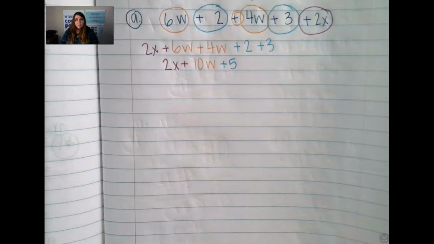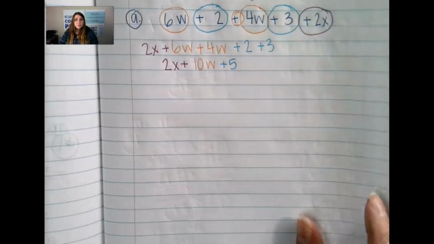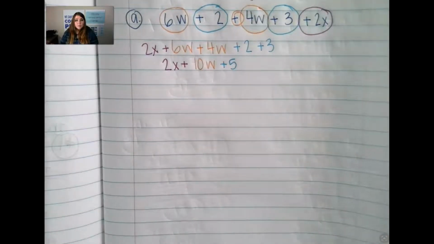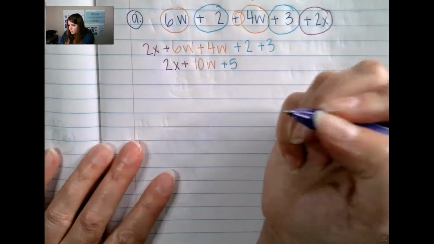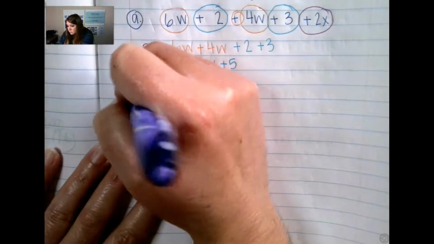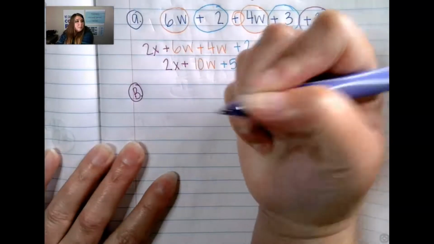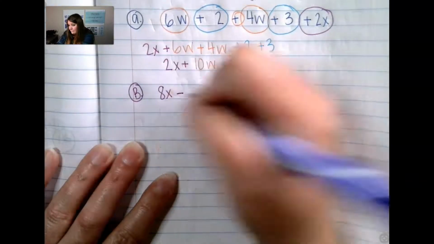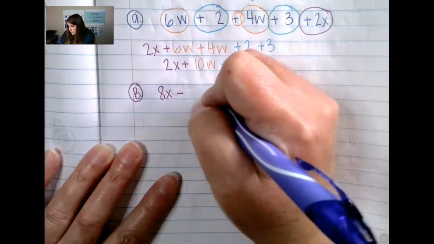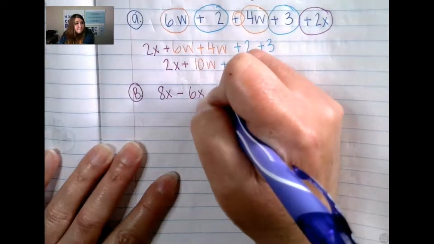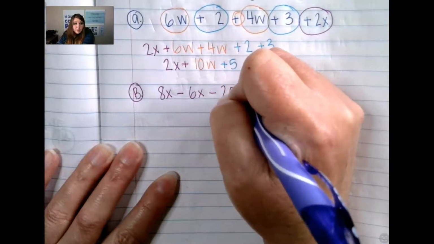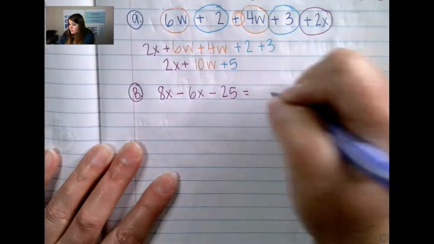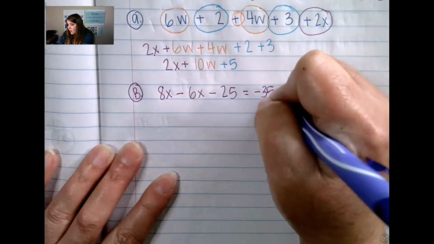All right, now let's talk about how this applies to the 1-step and 2-step equations that we've been solving. So let's go to example B. Example B says 8x minus 6x minus 25 equals negative 35.